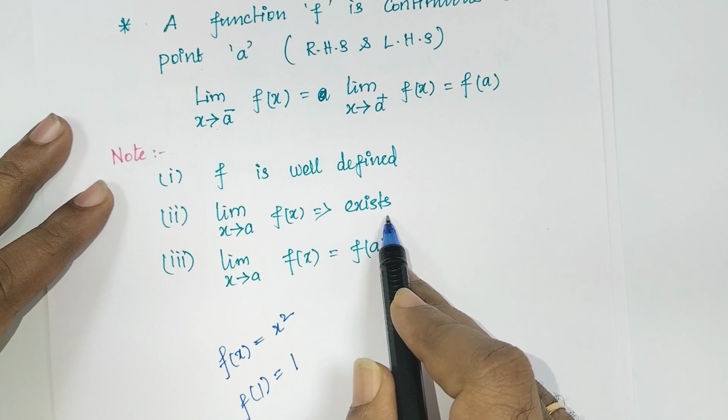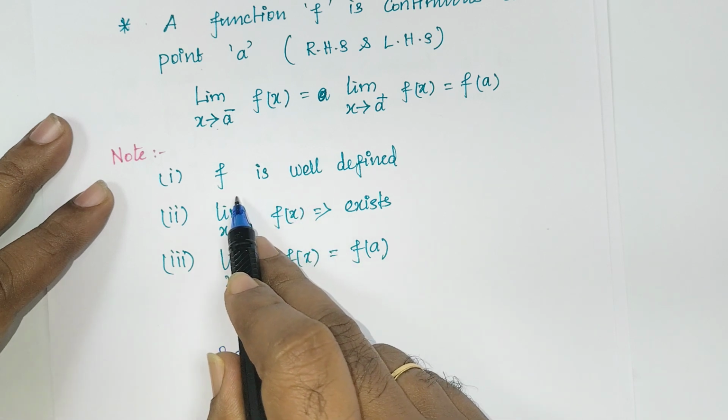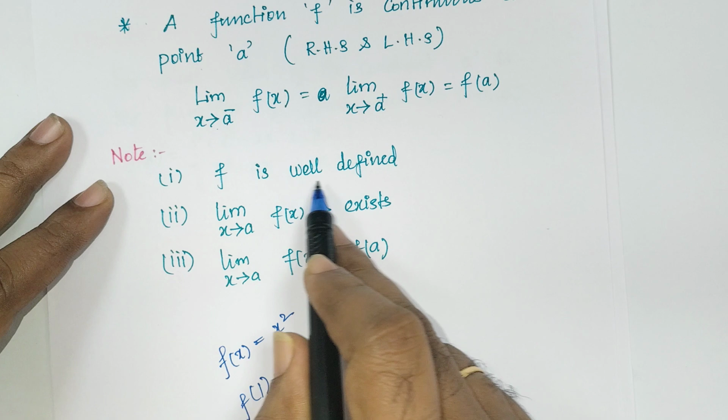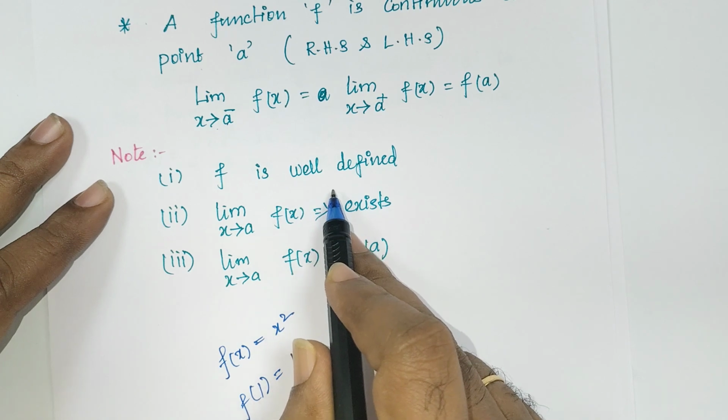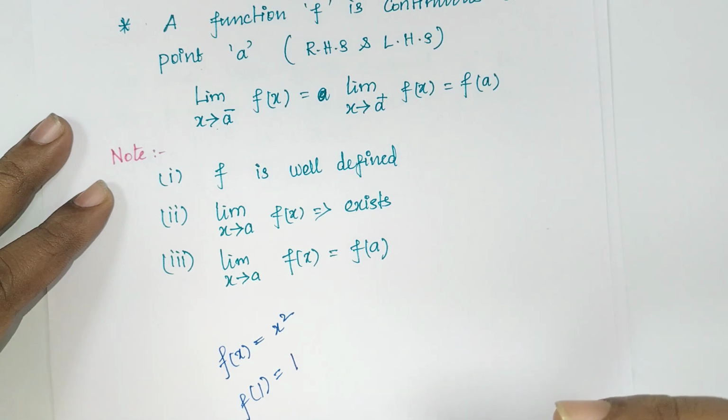If any one of these conditions is not satisfied, even the first one, the function is not continuous; it is discontinuous. Sometimes the function f is well defined, but the limit does not exist, so it is not continuous.